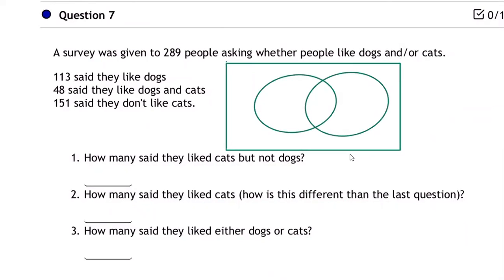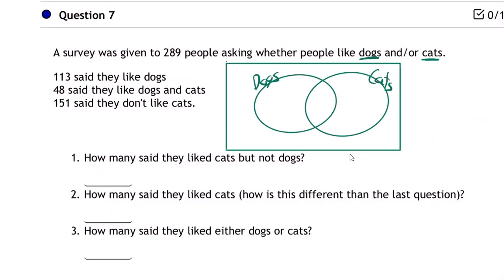One of the circles is going to be the dog circle, and the other one is going to be the cats, because those are the two things we're talking about in this problem, whether people like dogs or people like cats. All right, so let's make a Venn diagram. It's very helpful, especially in advanced statistics and probability. We'll see it in this little word problem.